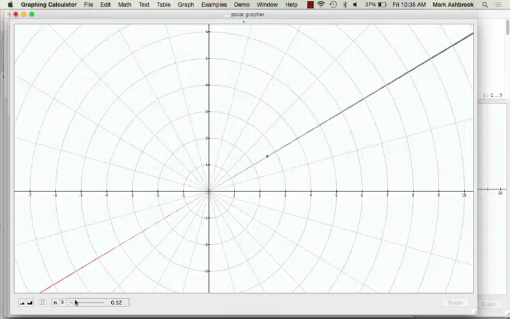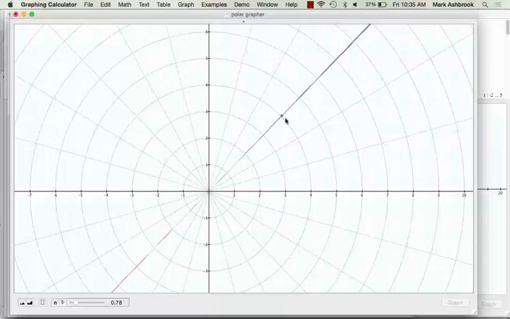Okay, so this is the point. Let's just do this one. So as we're graphing points, we label them as r comma theta. Okay, r comma theta.